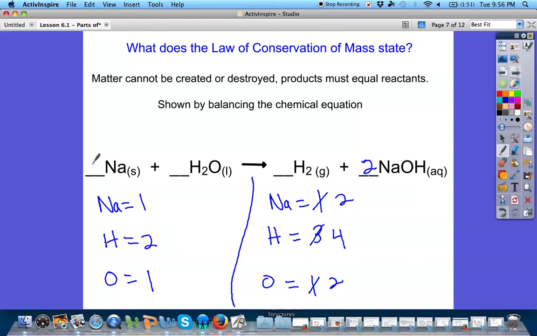So then I would need to put a 2 here to get my 2 sodium, a 2 here, 2 times 2 for 4 hydrogen, and 2 times 1 for 2 oxygen. So now the numbers of atoms on each side of the chemical equation are equal to each other. This is showing a balanced chemical equation and the law of conservation of mass.